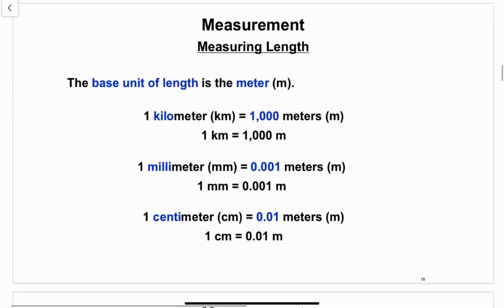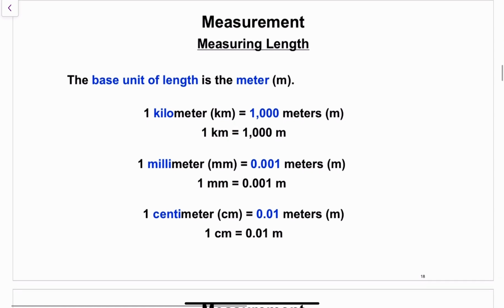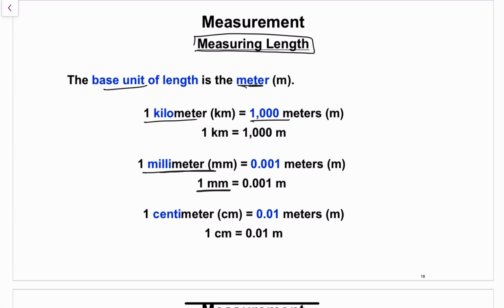Okay. Now let's talk about some, again, for a couple of slides, measurement. If we talk about the measuring of the length, the base unit we already know is a meter. We already did this example. 1 kilometer is 1,000 meter. 1 millimeter, if I write 1 mm, what is m?